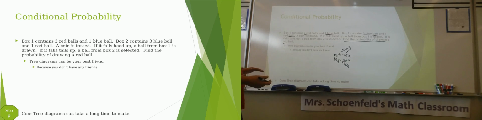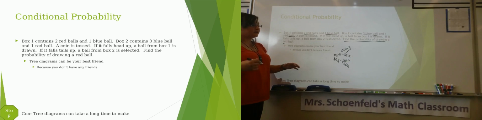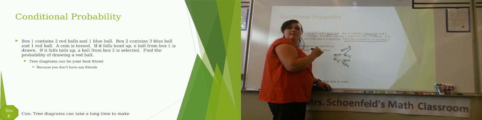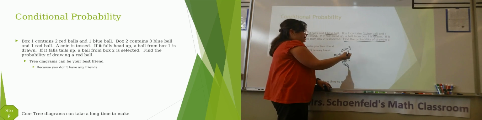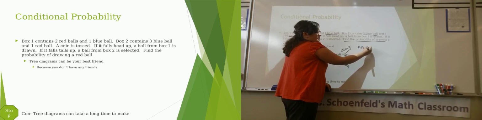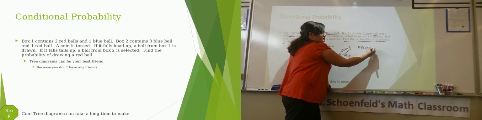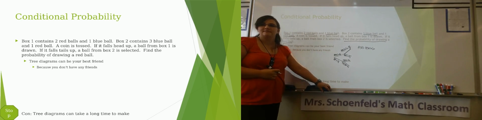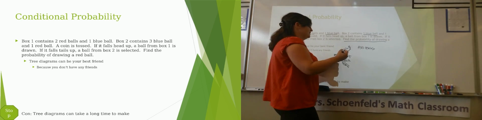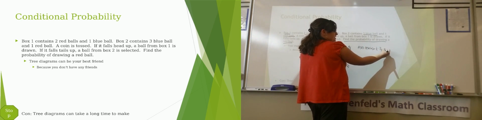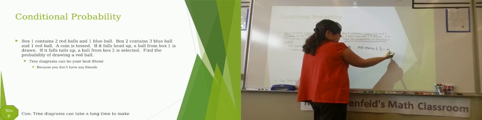Okay, so now to find the probability of getting those red balls, we actually have to multiply those probabilities first. So we're going to do the probability of heads times the probability of red given that heads happened. So it's going to be 1/2 times 2/3 is equal to 1/3.